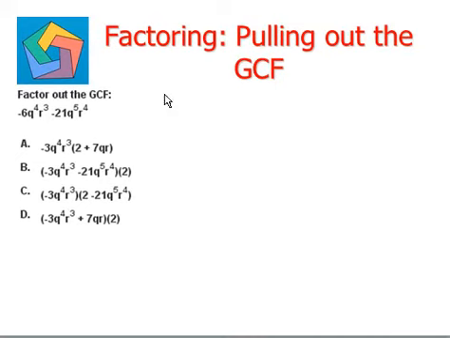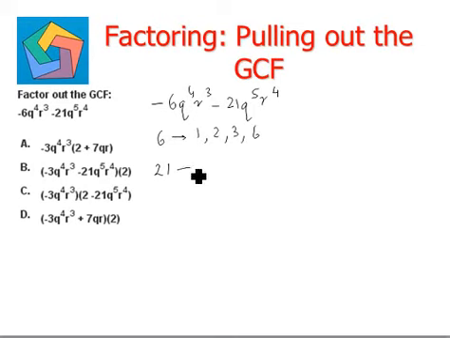Factor out the GCF and we're given negative 6q to the power of 4 r to the power of 3 minus 21q to the power of 5 r to the power of 4. Our method remains the same. List out the coefficients. The factors of 6 are 1, 2, 3 and 6. Factors of 21 are 1, 2, 3, 7 and 21.